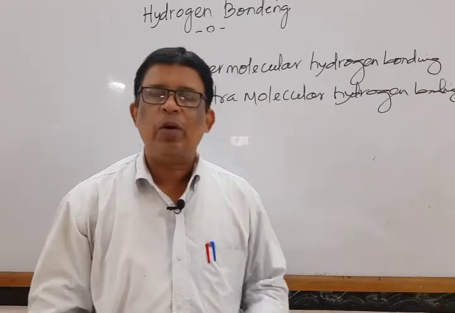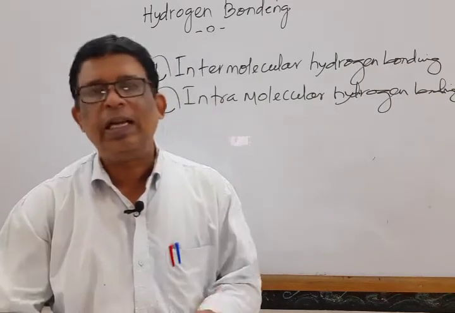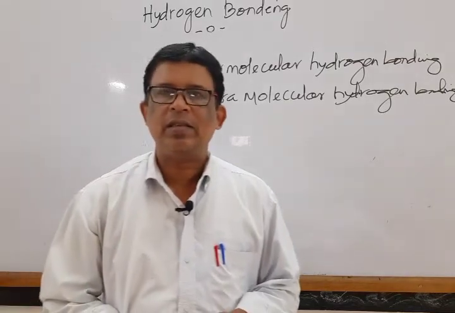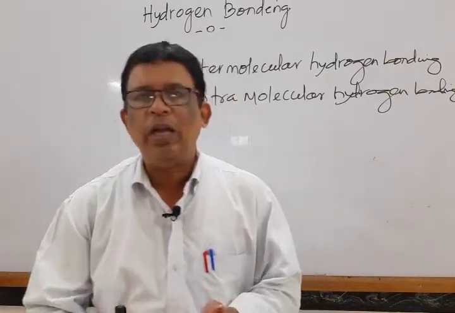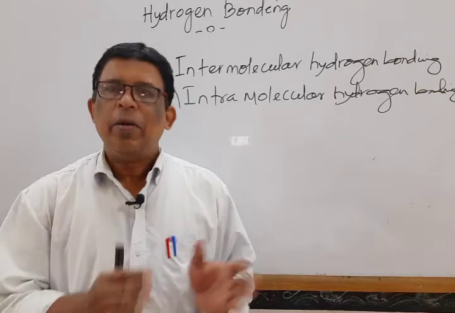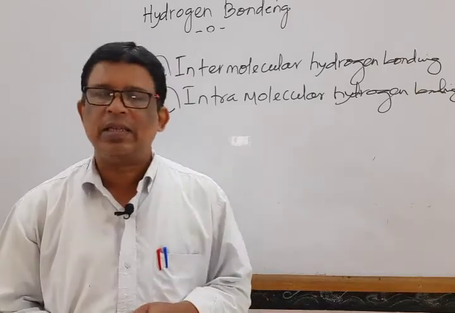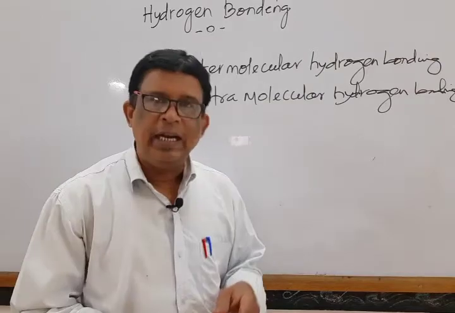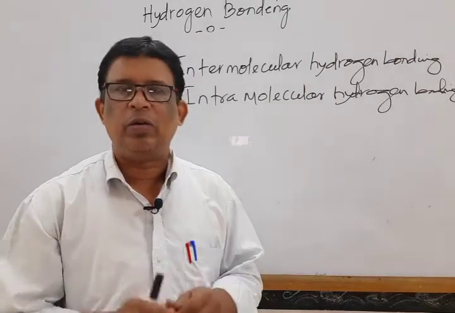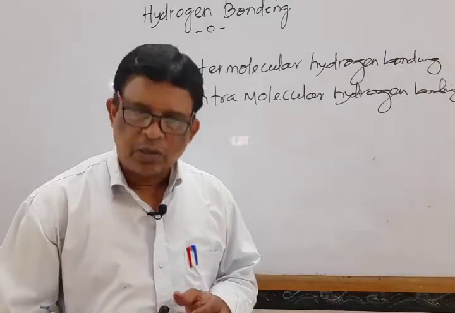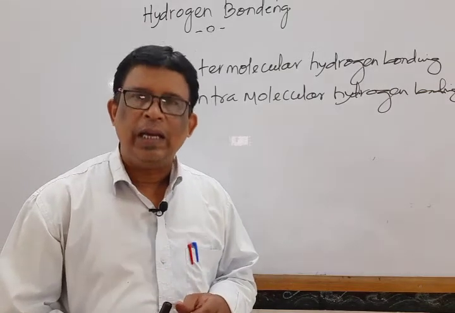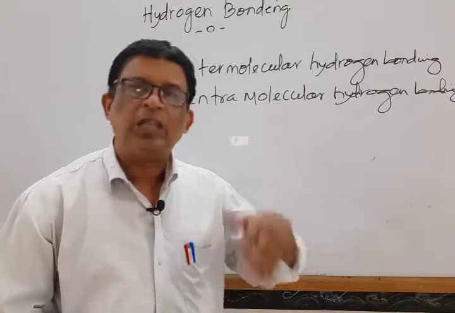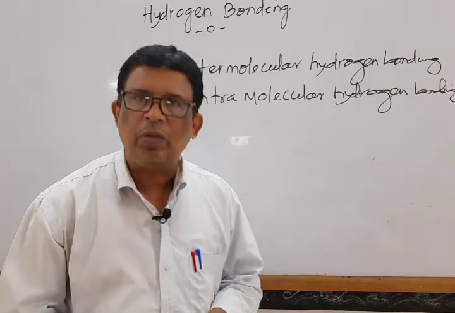Due to this type of bonding, solubility in water increases, melting point, boiling point increase, viscosity increases. While in intramolecular, viscosity decreases, and melting point and boiling point decrease as compared to the intermolecular.